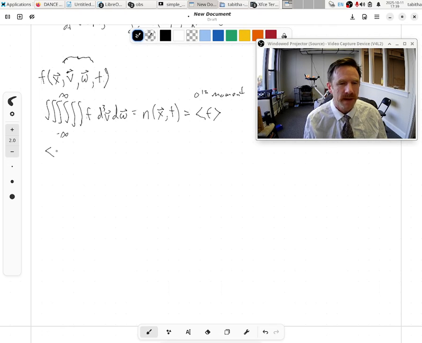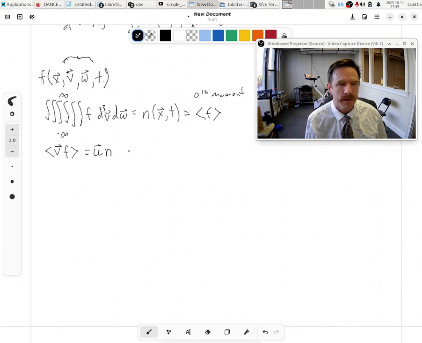For example, we have this moment of putting the velocity in, integrating that. And this is our bulk velocity, often written as u. And sort of like a wind speed, so we've integrated the velocity. Oh, and there's a factor of the density here as well, so this is a flux of our gyrons.